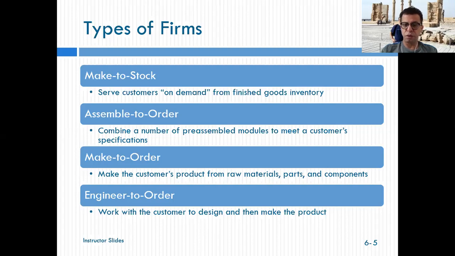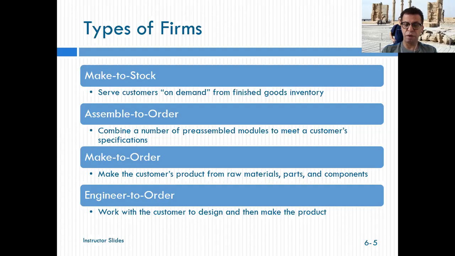Assembly to order is combining a number of pre-assembled models. It's kind of ready, but you can put them together according to the customer specification. And make to order is making the customer product from raw material, from starting material, parts and components.